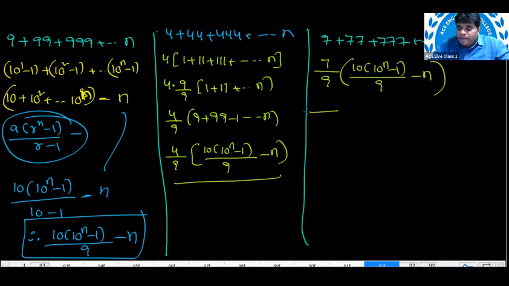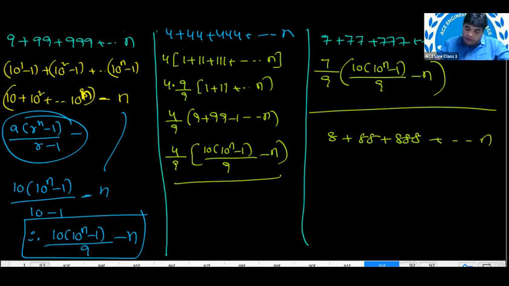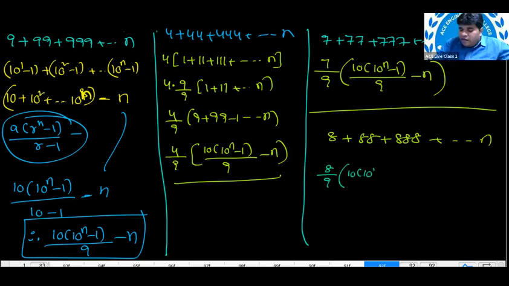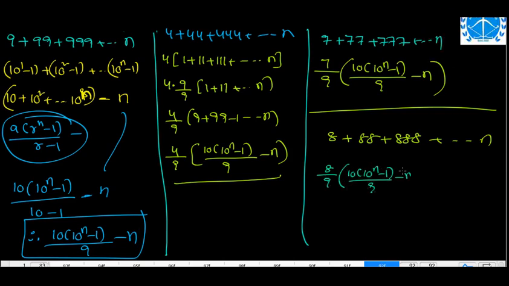Is it okay now? Confirmation? Anita, tell me. What is the answer, Anita? Girija? Pavana? Yes, sir. What is the confirmation? 8 by 9 into 10 into (10 power n minus 1) upon 9 minus n.